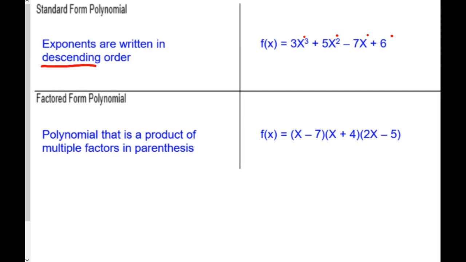Factored form. Okay? Polynomial is a product of multiple factors. Here are factors. They're in parentheses. You write them out like that.